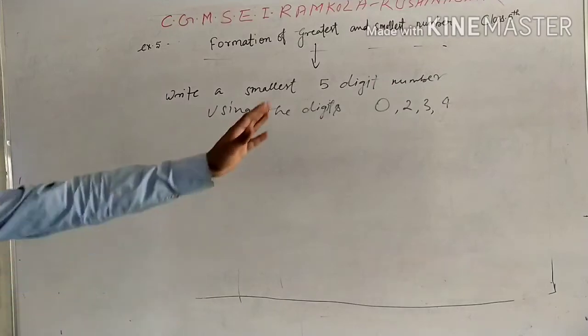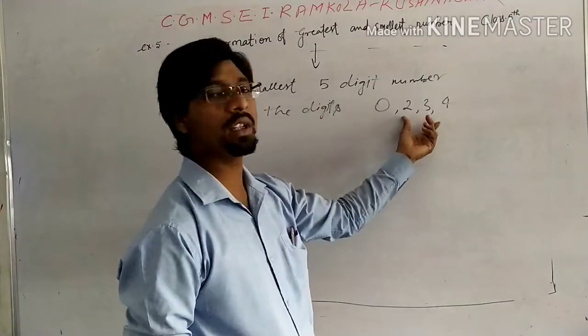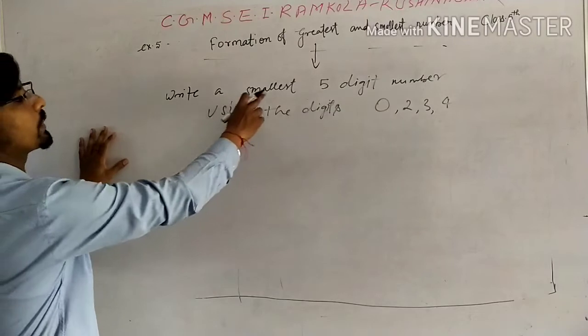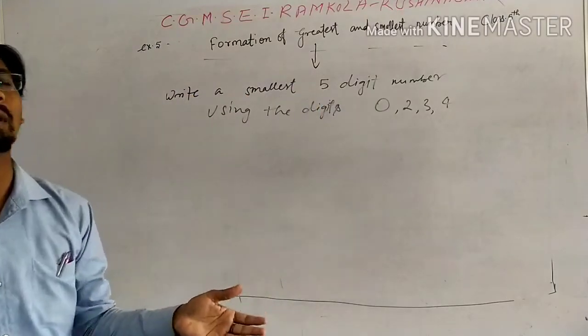Now pay attention, here there are only 4 digits and the question is to write the smallest 5-digit number. So how can we make it?